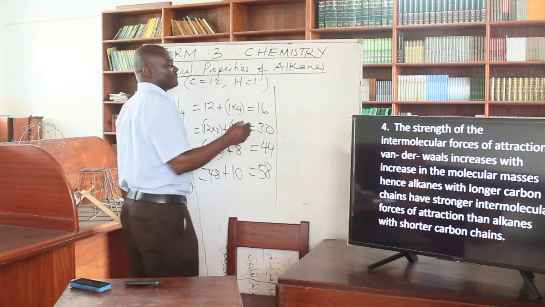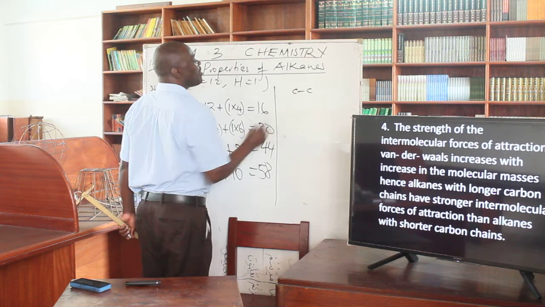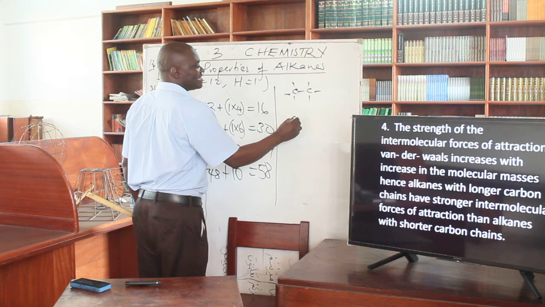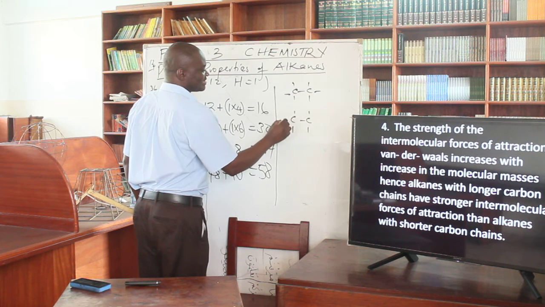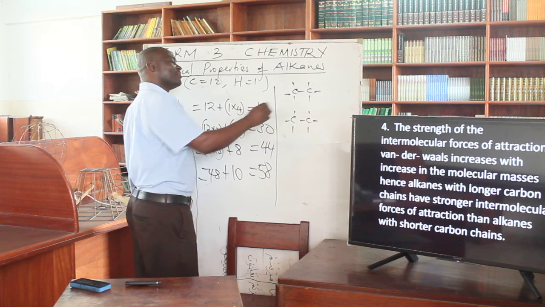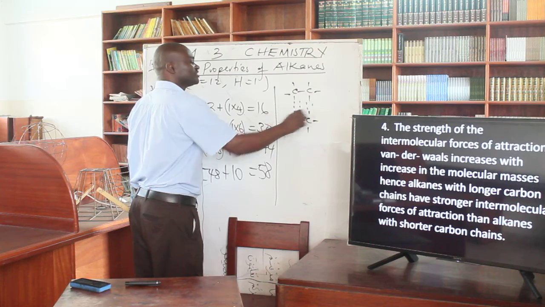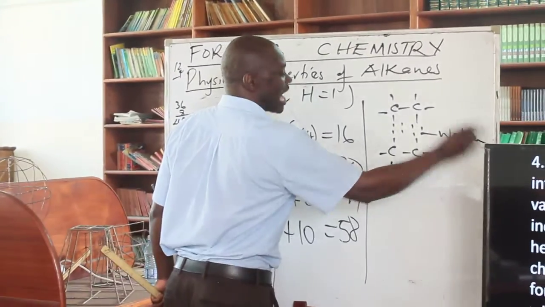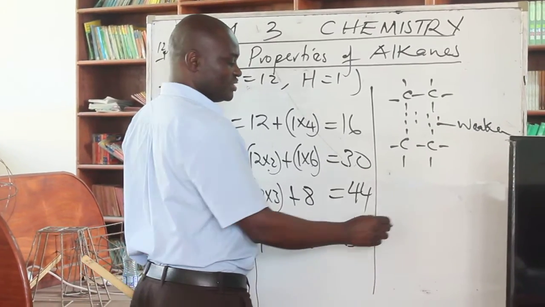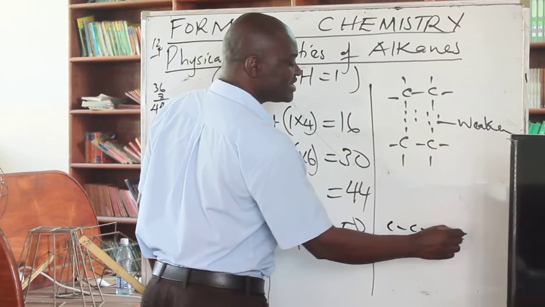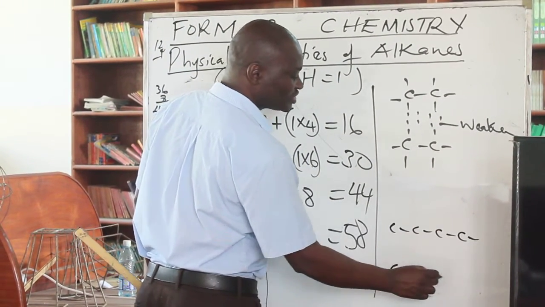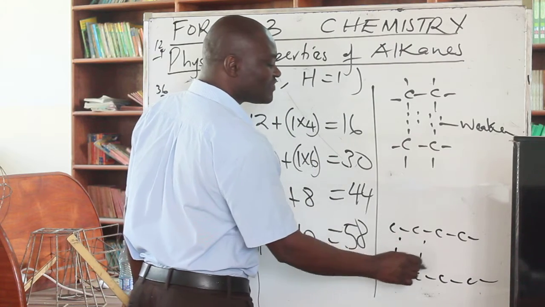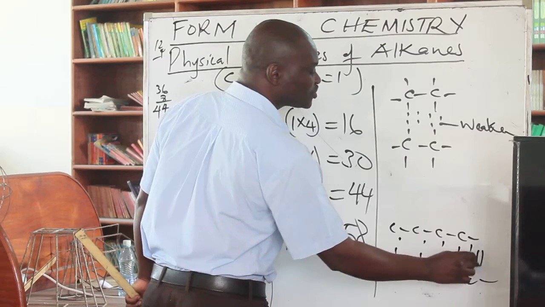If you have an alkane of 2 carbon atoms, like this, now we have intermolecular forces of attraction. These forces will be much weaker compared to where you have a long chain. So where we have a long chain, the intermolecular forces of attraction will be stronger.